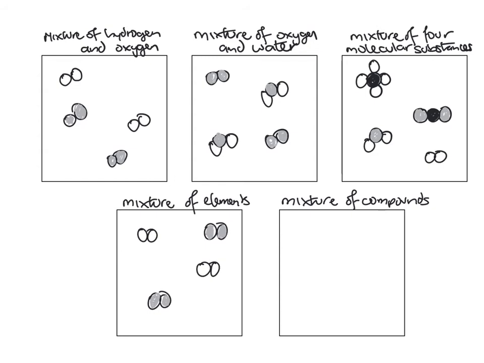And then mixture of compounds. Well, so I've just got to make sure I have only compounds. So I'll do methane and carbon dioxide. So I'll do 2 methanes. So I've got to remember that's CH4 and the centre is the carbon. And then the 4 atoms attached are hydrogens. Do another one.